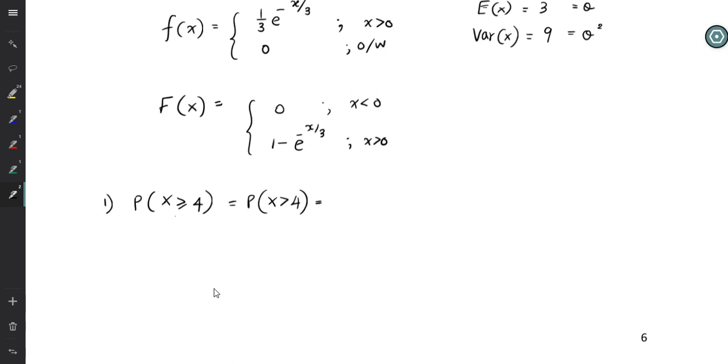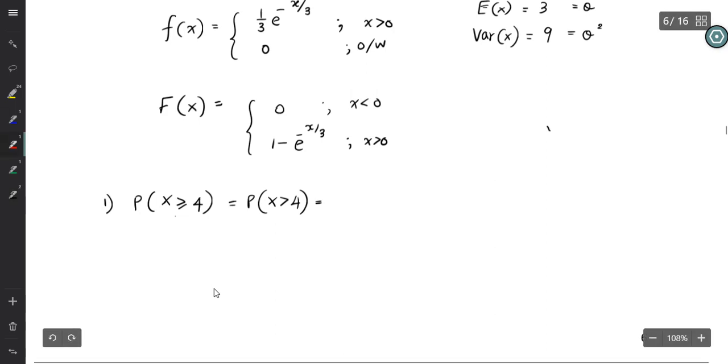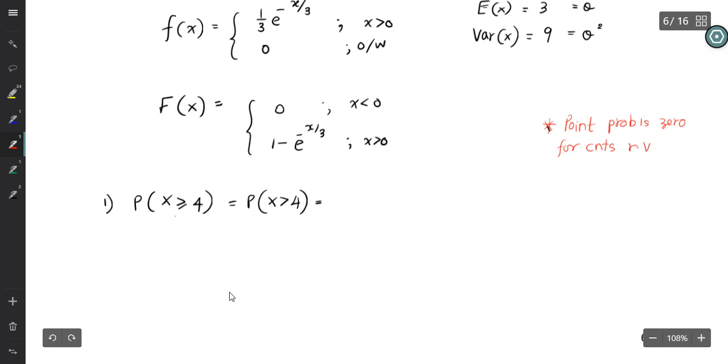So the point probability is 0 for continuous distributions. I'll note it down somewhere so you won't forget it: point probability is 0 for continuous random variables. I already mentioned this in chapter 2, I guess. But remember that thoroughly.